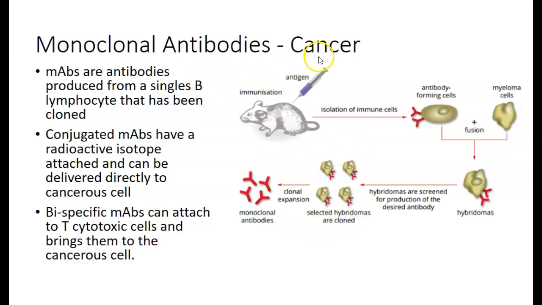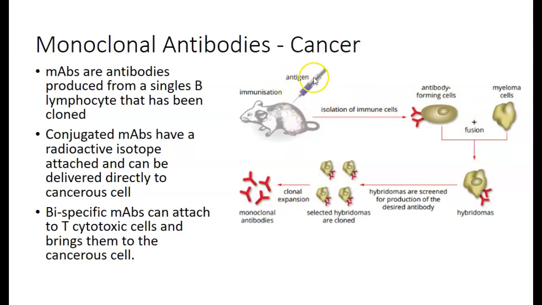So the first thing that has to happen is the production of the monoclonal antibody. Monoclonal just means that it's being cloned from one source, and it's pretty well depicted in this diagram, the process of production.